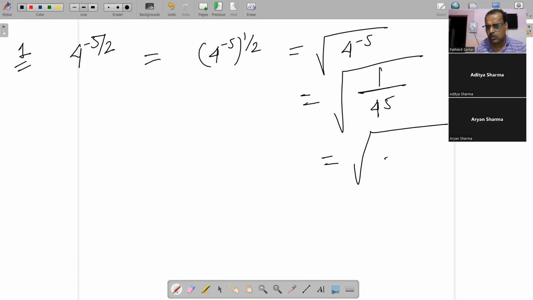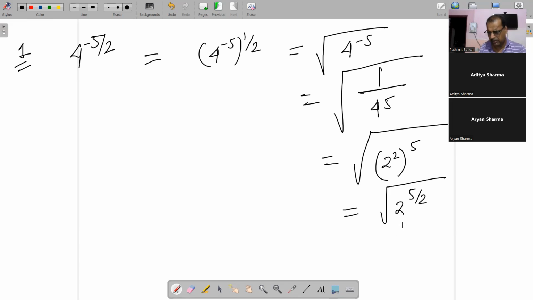And that means 2 square, and that is whole to the power 5. This is the way you can write 2 square, when 4 into 4 into 4, or you can represent it in 4 also. That's not the issue. So if you write these things, what is the value that comes over here? This is a root, so it comes down to 2 to the power 5 by 2, this root.